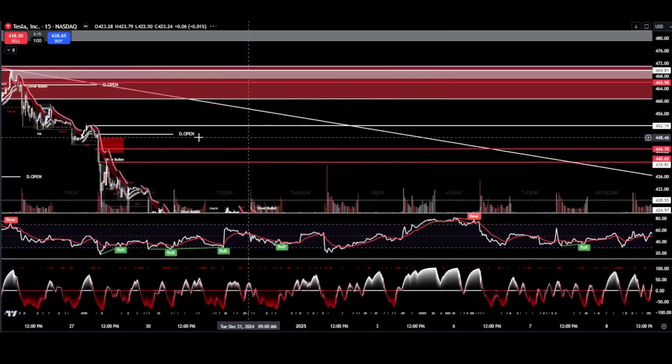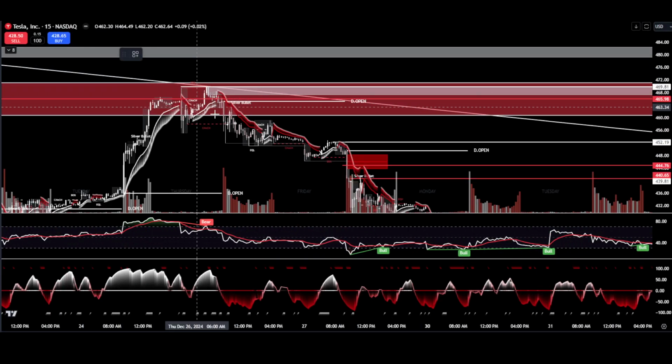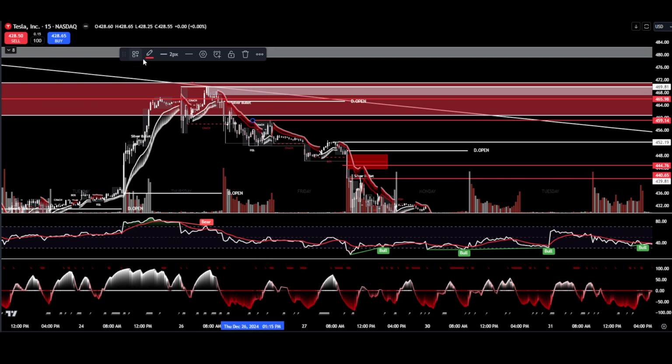And then there's some additional macro time frame levels that have not been hit as well, but they're all kind of right in that same general vicinity of where we're looking for price to go for those 1 hour order blocks and that 1 hour fair value gap. Also 469.81, so 459.14, 469.81.